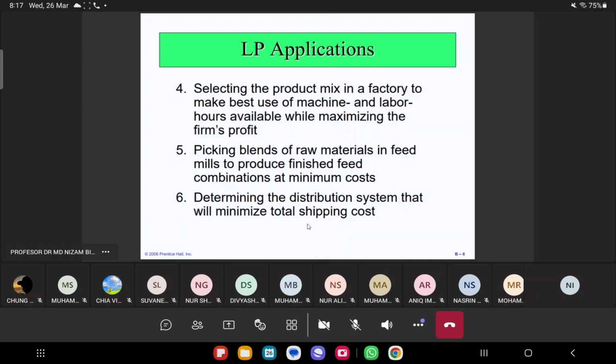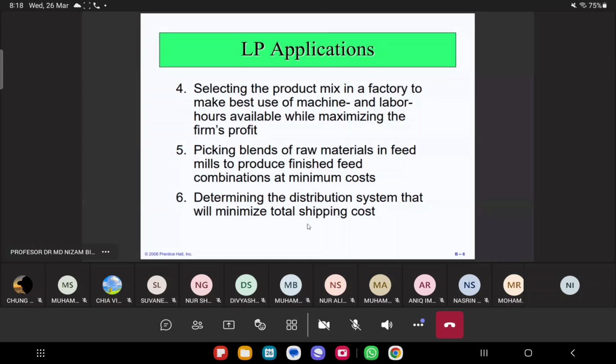Okay. The other example is example 6: determine the distribution system that will minimize the total shipping cost. So if you're in the logistics industry and you have, for example, many methods of distributing goods, and let's say this is a sea ship.